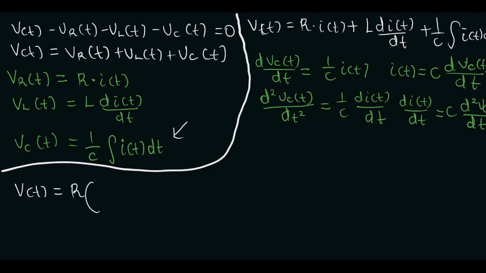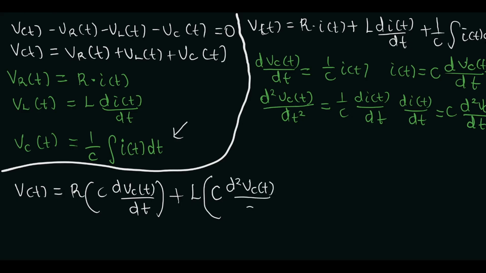That will be C dVc of t over dt, plus your inductor multiplied by, what's your di/dt? That will be C capacitor d squared Vc of t over dt squared, plus Vc of t.